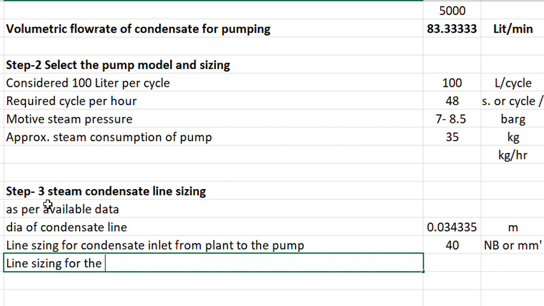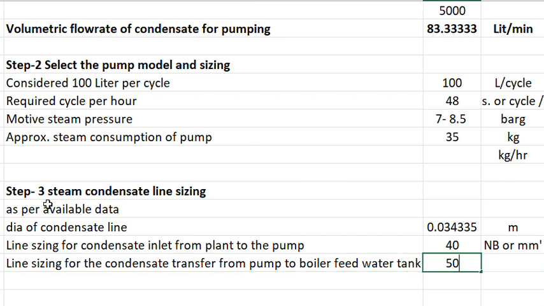In the same way, we need to calculate the line sizing for the condensate transfer from the pump to the boiler feed water tank, which is one size higher to reduce the frictional losses. I think you got the question: how to select the appropriate condensate sizing.